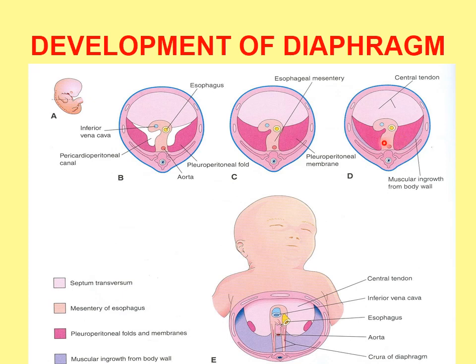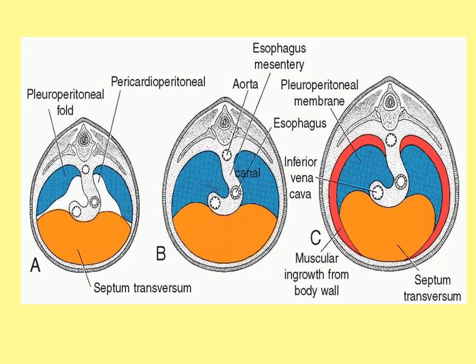And the dorsal mesentery of the esophagus is responsible for forming the crura of the diaphragm. There are the right and left crura of the diaphragm, making a sling-like structure developed from the dorsal mesentery of the esophagus. They also hold the esophagus in the esophageal opening. So that's how the diaphragm develops.